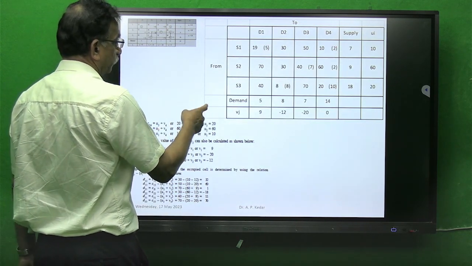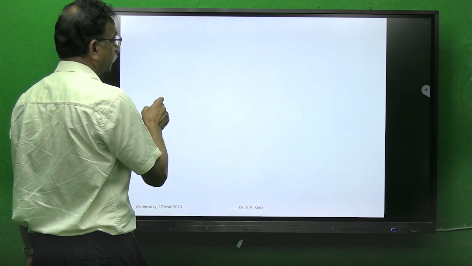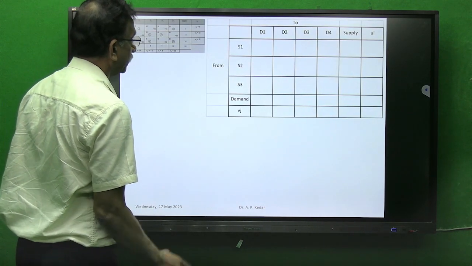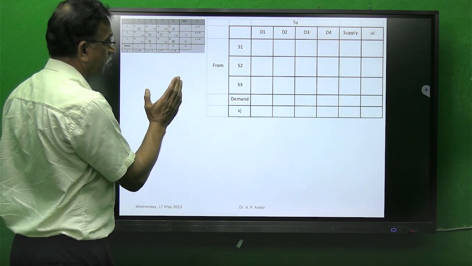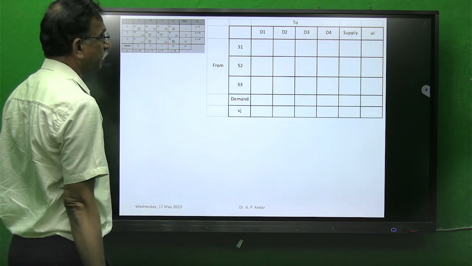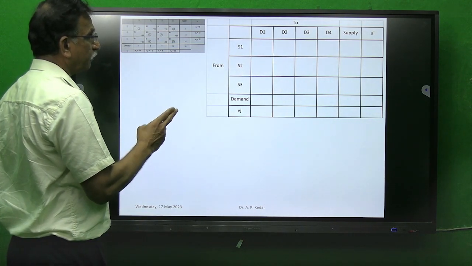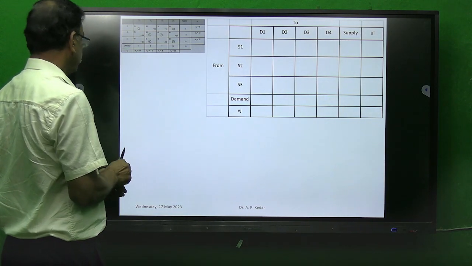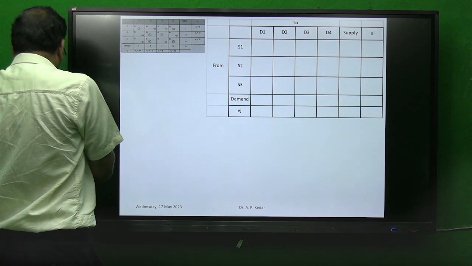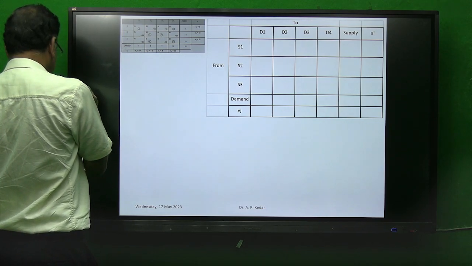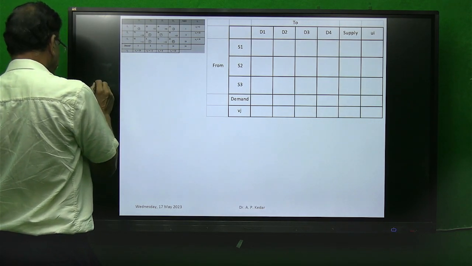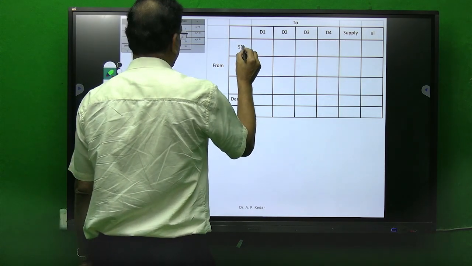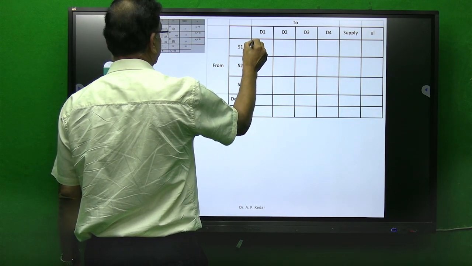Now, this is our next feasible solution after we got initial solution by VAM. So here what will happen? Again I will write these values as it is.